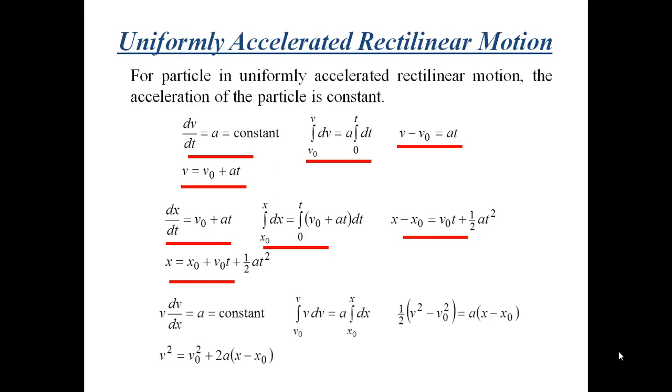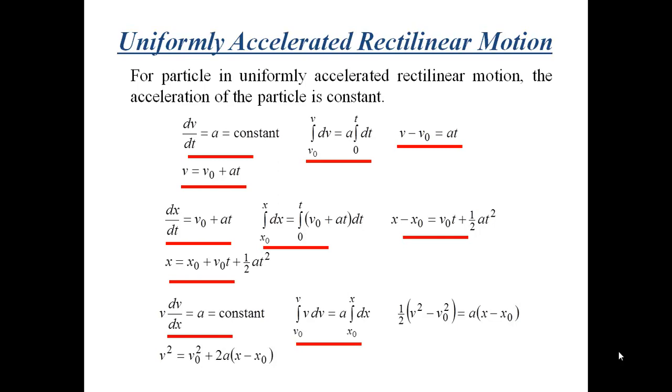Further, if you come to the equation v dv by dx is equal to a, which is constant, we have seen this term earlier. Like the previous cases, we integrate both sides with respect to initial and final velocity, and initial and final position. Previously we used initial and final velocity with initial and final time, and initial and final position with initial and final time. Now we take initial and final velocity together with initial and final position, to get the relationship between position coordinate, velocity and acceleration.